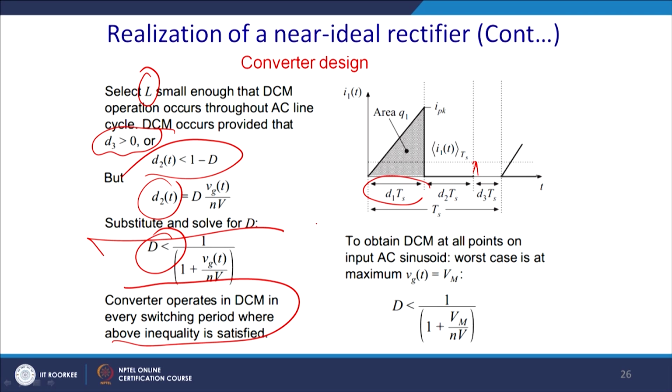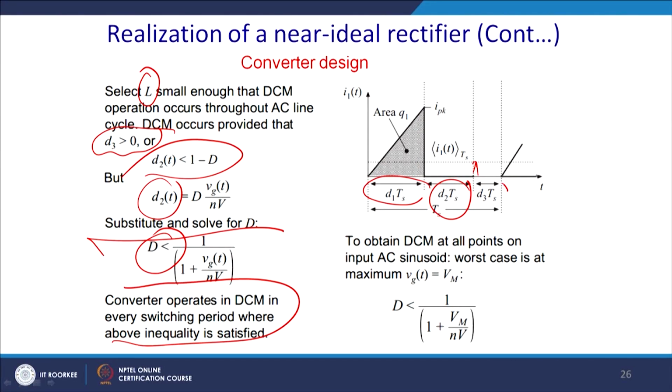Thereafter, this will fly back into the secondary for the time period of D2 into Ts through the diode action with the resetting winding. This has not been discussed here for simplicity and for time. Thereafter, the current through this diode or the resetting winding decays, and until the time D3 into Ts there is no current in the circuit, and that leads to the discontinuous operation.